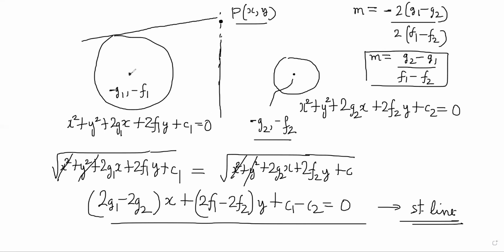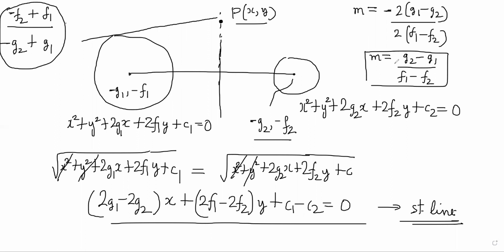If you join the circle centers, you get another line, and the slope between these 2 points will be minus f2 plus f1 by minus g2 plus g1. You will find that these two slopes are perpendicular.